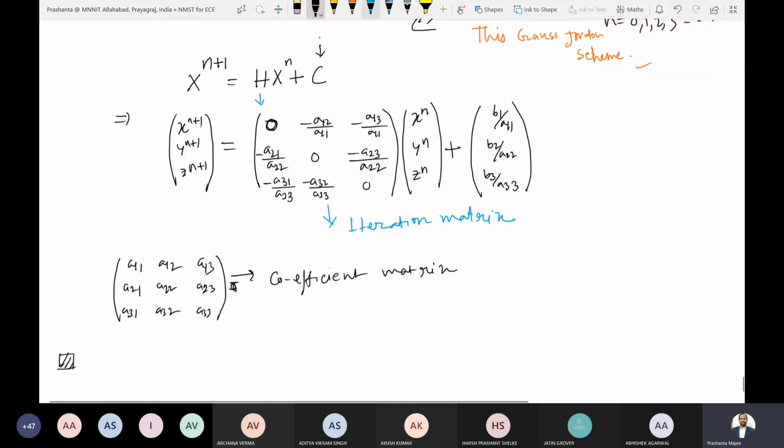Now, the proof is beyond the scope. Proof is a bit difficult and a bit lengthy, so I will not be including it. I'll only be stating the result.